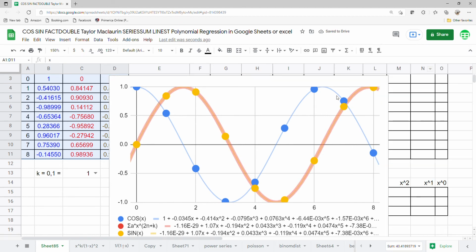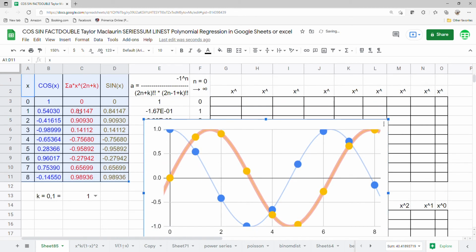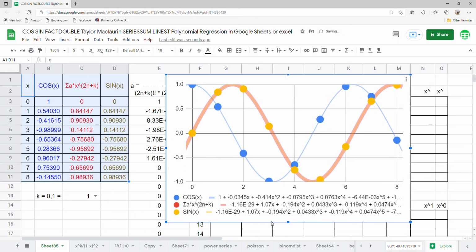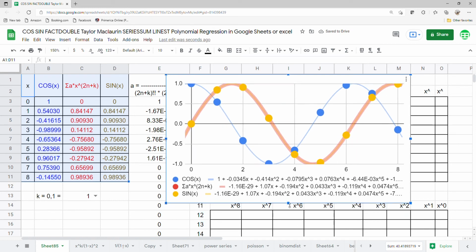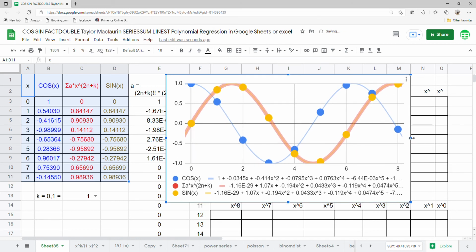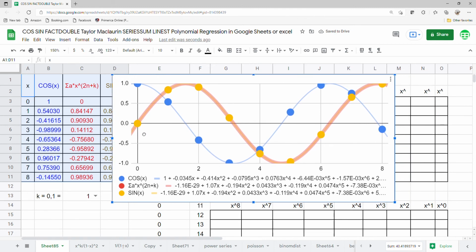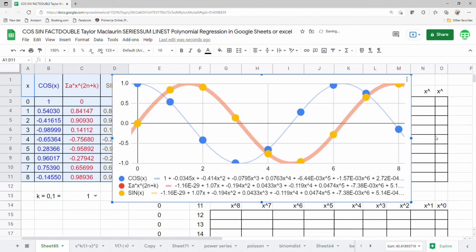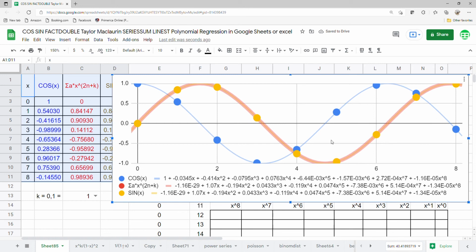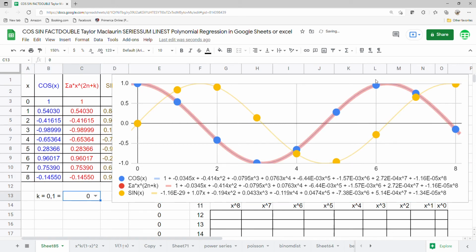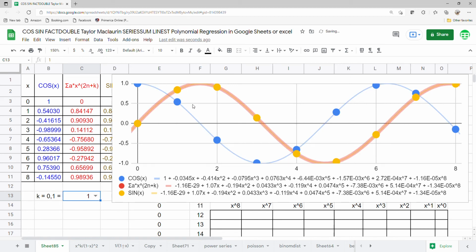So here's our trend lines and the polynomials, which we can toggle with our values of k 0 or 1. So k equals 0, it is cosine. If it is 1, then it's sine.